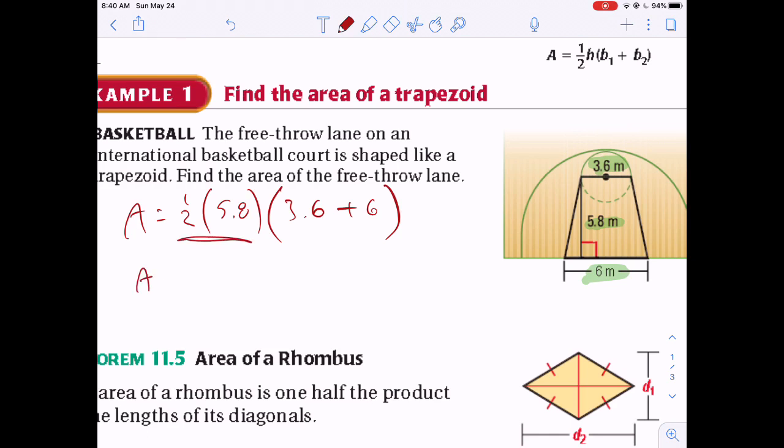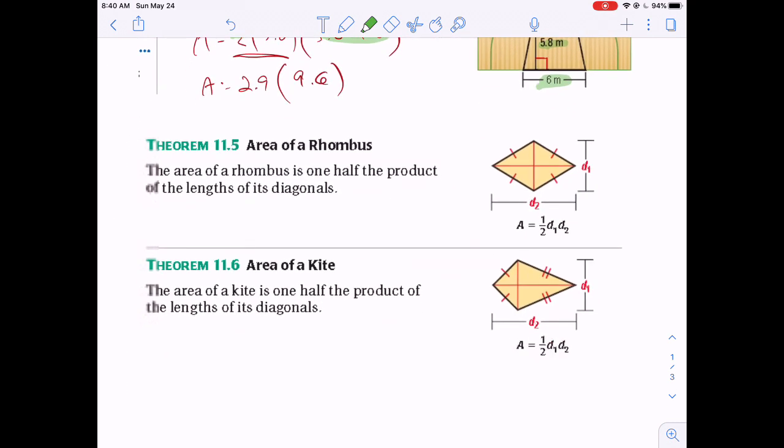So A equals 2.9, and 3.6 plus 6 is going to be 9.6. So with a calculator, you can multiply 2.9 times 9.6, and you have the area of the trapezoid. Just make sure, folks, as you're doing these problems, you add these first, then multiply by the height, and then the half.